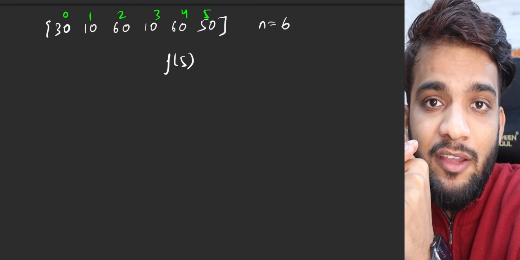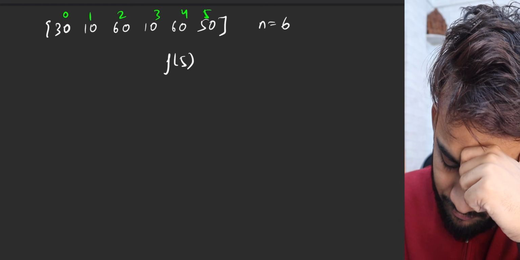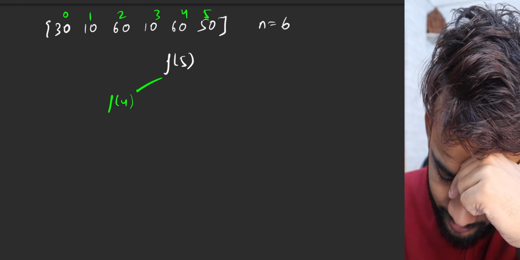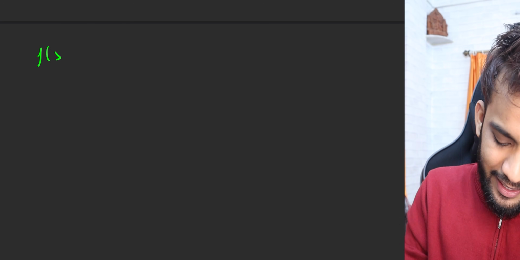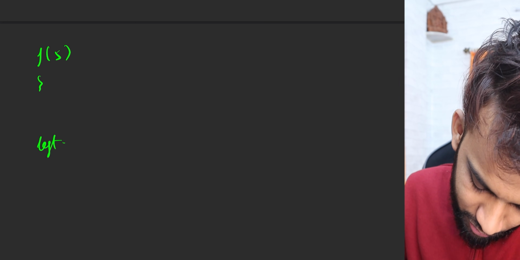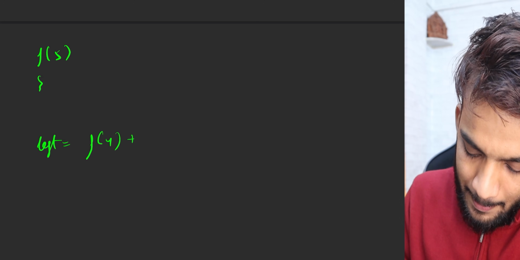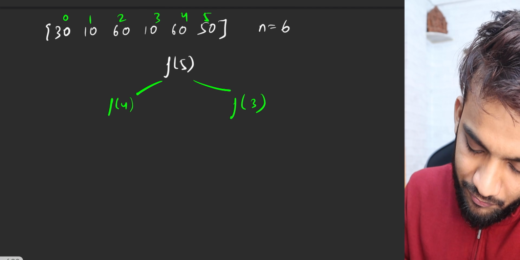Now at f of 5, where can we go? We know that either we can take a jump to f of 4, or we can take a jump to f of 3. That's definitely known to us. So I can be like, okay, if I'm at f of 5 and there's this recursion call, then the left recursion will be f of 4 plus absolute of whatever height there is. So what is the height? 60 minus 50.